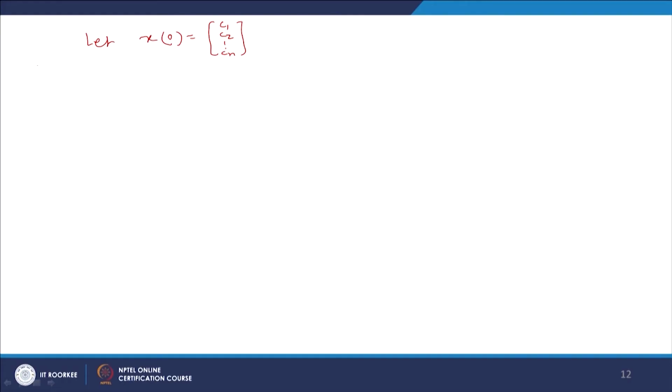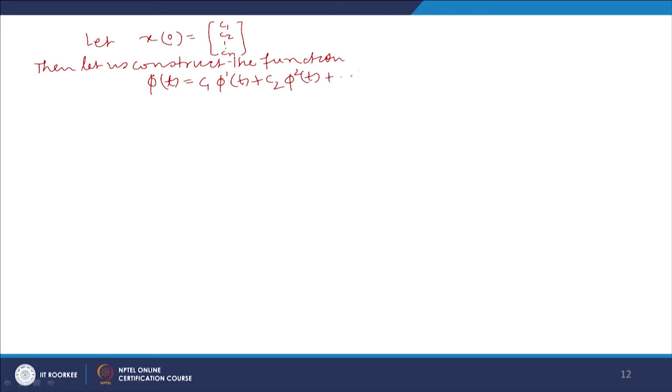Then let us construct the function phi t equal to C1 phi 1 t plus C2 phi 2 t and so on Cn phi n t.